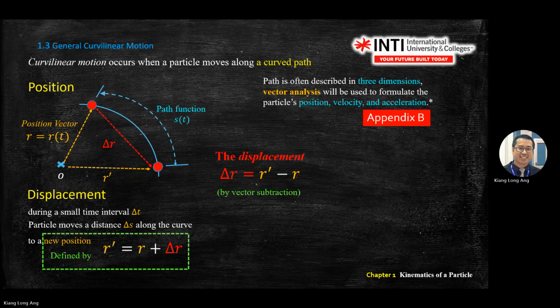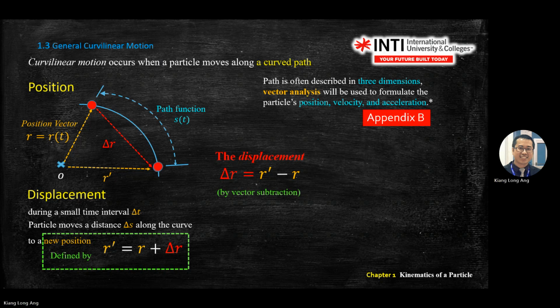So what I propose for your revision is, in curvilinear motion, you change S into R. Later I will tell you this one changes to something, this one changes to something. All the equations in curvilinear motion remain, you just change the parameter from S to R. For example, delta S equals what?